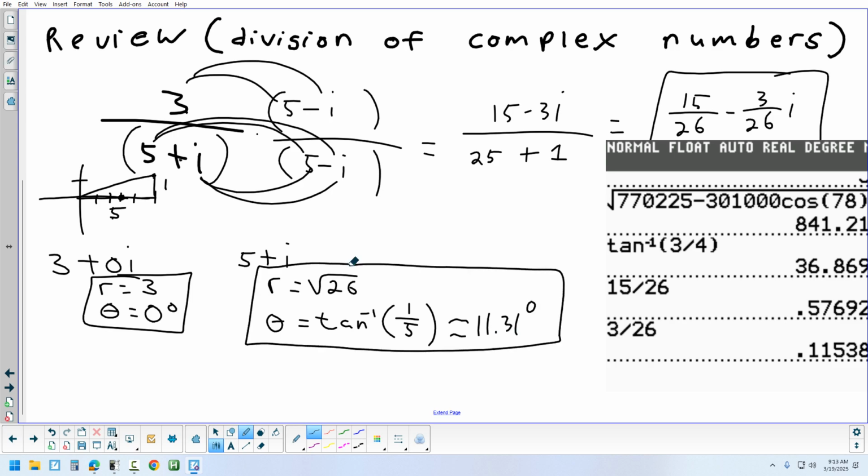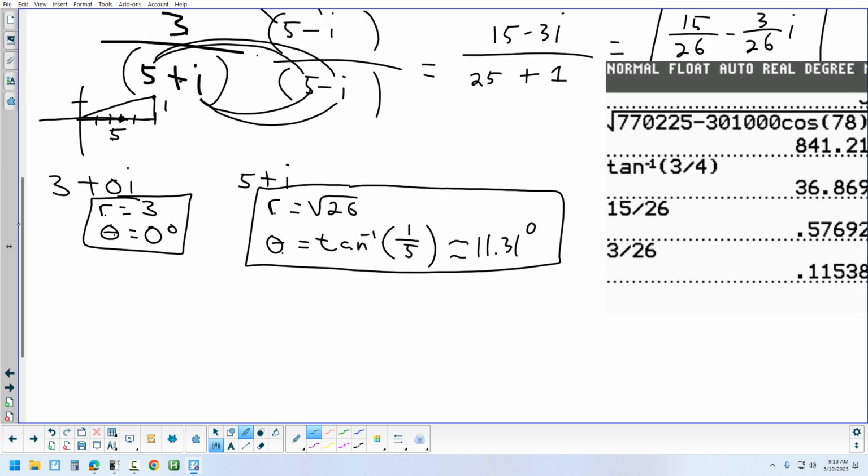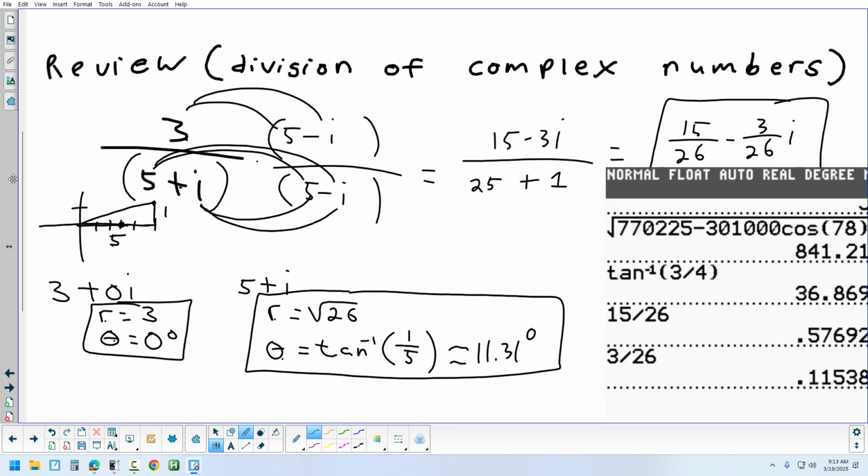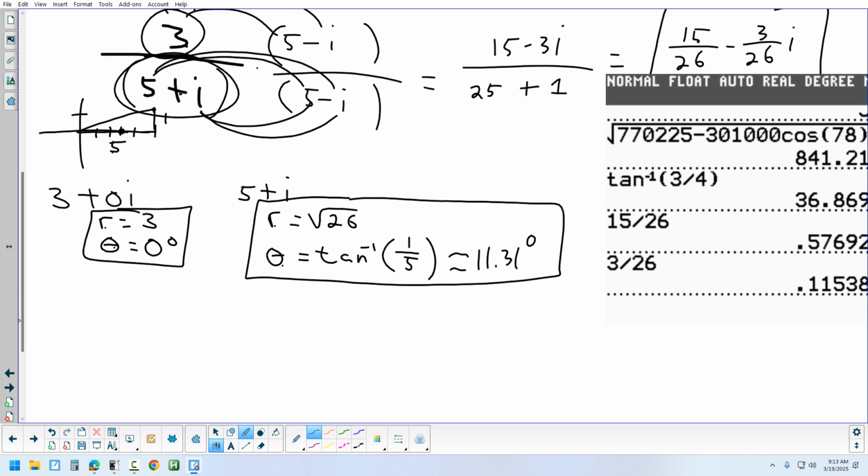So think of this as your R1. Think of that as your R2. Think of that as theta 1. Think of that as theta 2. I want to divide this one by that one. What do we do with the two radii when we are dividing two complex numbers in trig form?